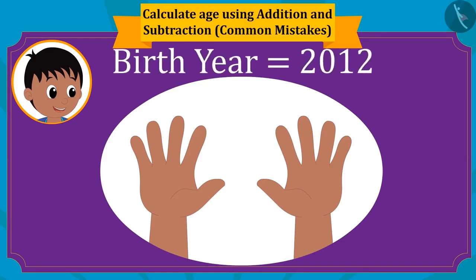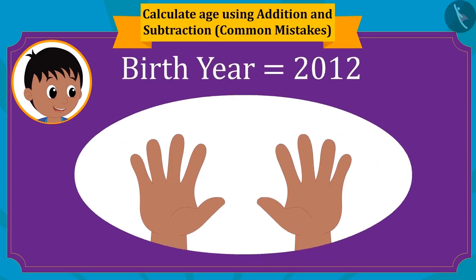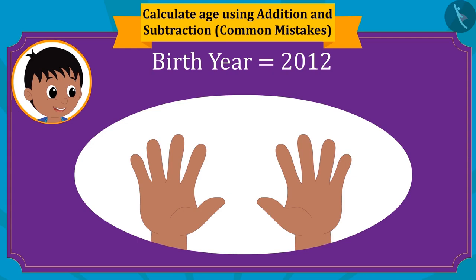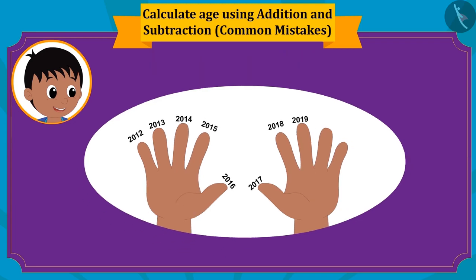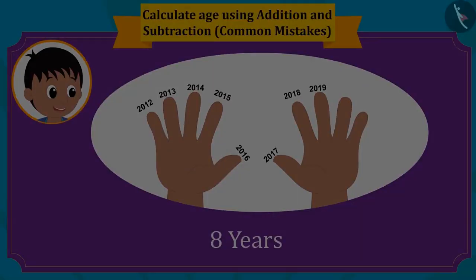When he was born in 2012, he started counting from 2012. 2012, 2013, 2014, 2015, 2016, 2017, 2018 and 2019. In this way, Raju counted his age as 8 years old.